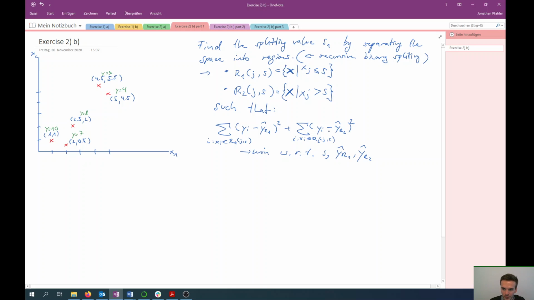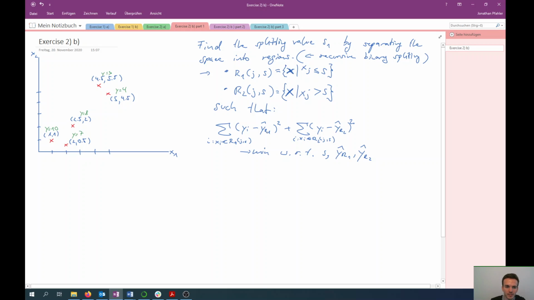The sum of this is the right part. So it's somewhat similar to the sum of squared residuals, where we also have the difference between the true value and the estimated value. And here we split this up into the two regions. If the regions are split at the best possible value, then this should be in sum the smallest possible.